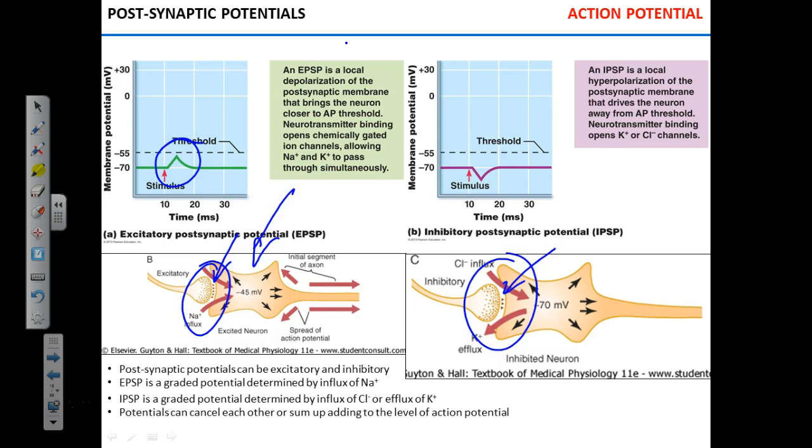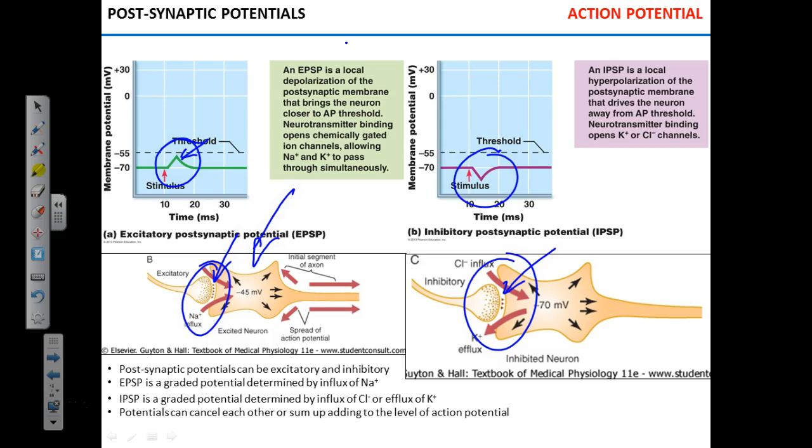Now, inhibition means more negative. And it makes perfect sense. Look, when the neuron is excited, when the membrane potential of the neuron becomes more positive, the neuron becomes closer to threshold. It's more likely to develop action potential.